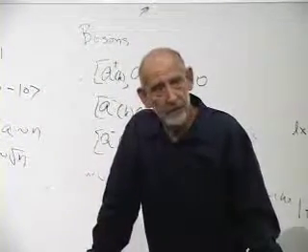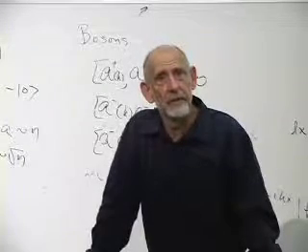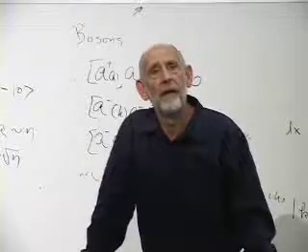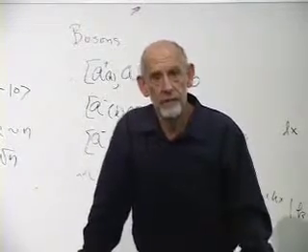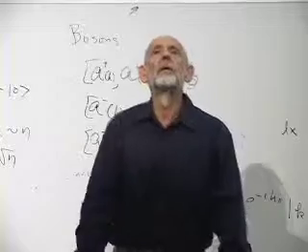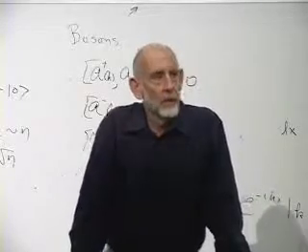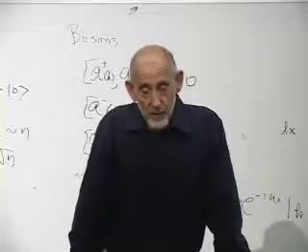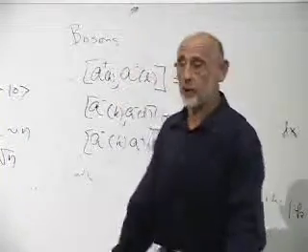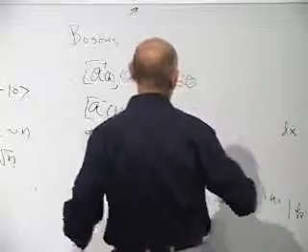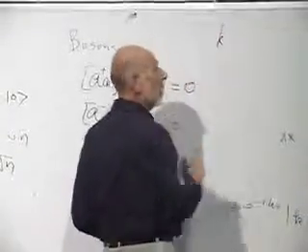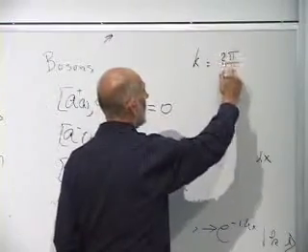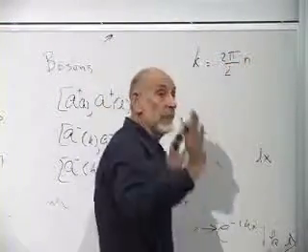But doesn't the limit on L influence the number of possible states? Putting a limit on big L defines the number of possible states? No, it doesn't. It doesn't put a limit on the number of states. What it says is that the allowable values of k have to be 2 pi over L times n, and n can be any integer.